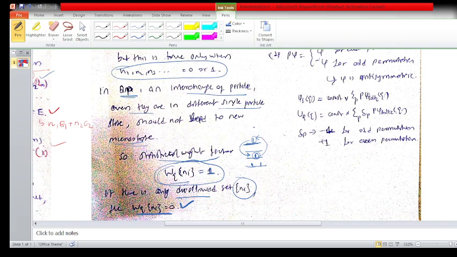So even if they go up or down, it does not matter, because we cannot distinguish these particles. They are in the same configuration, in the same state. So a permutation operation in quantum mechanics, for indistinguishable particles, will not lead to a new microstate.